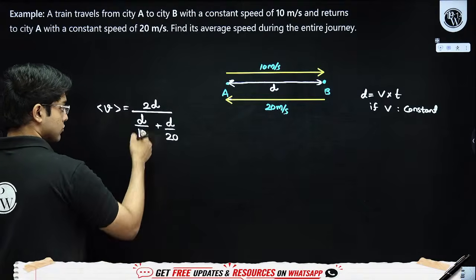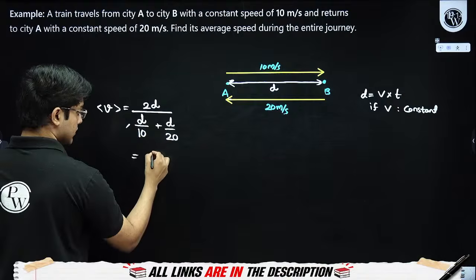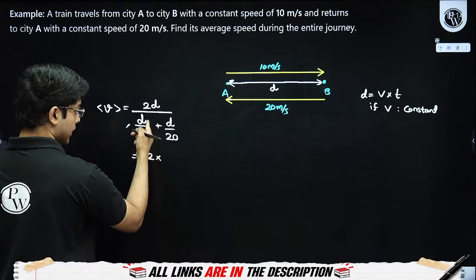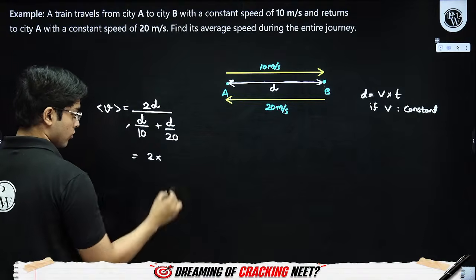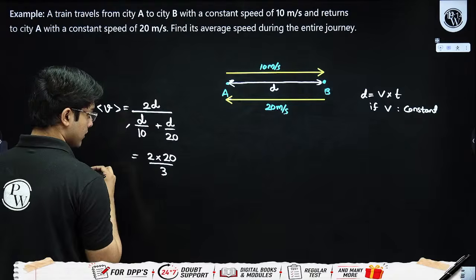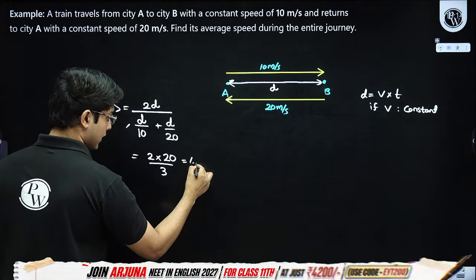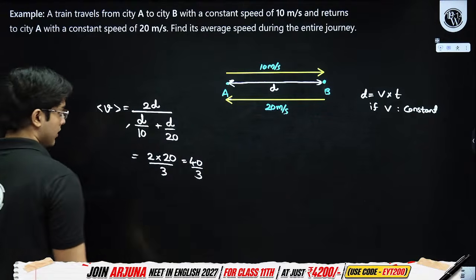So now we just have to solve this. The D cancels out. If you make this 20, it will be 3 by 20, so 20 goes to the numerator and in the denominator you will have a 3. So 40 by 3 is the answer, and the unit will be meters per second.